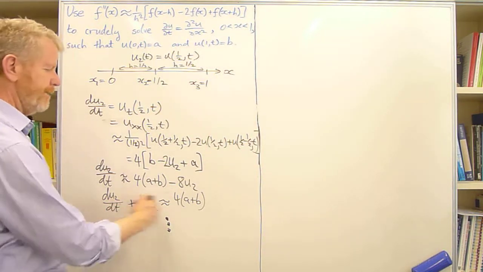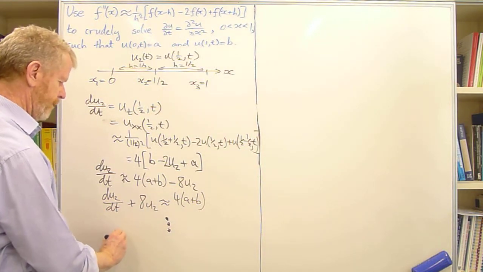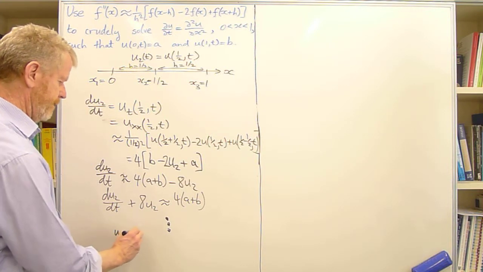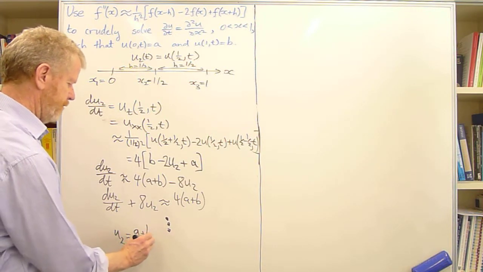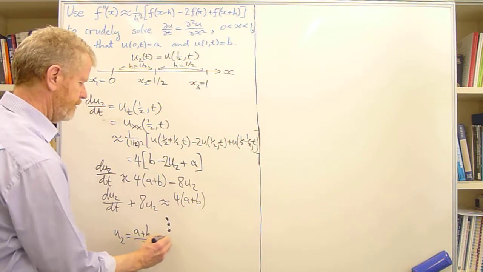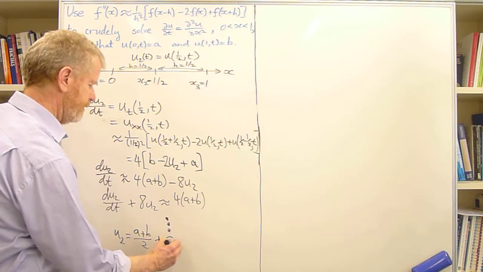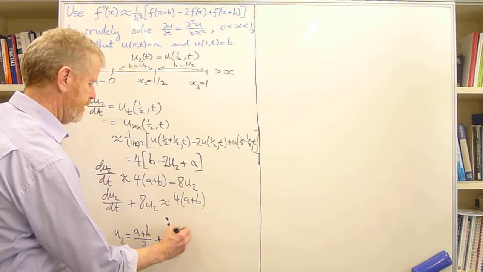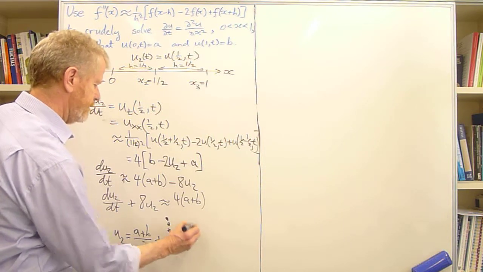Here we just write down a general solution. So the general solution is a plus b over 2, forced by this term, plus some arbitrary constant, say C1, e to the minus 8t.